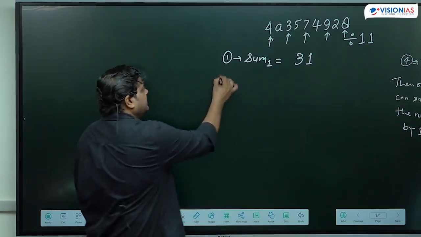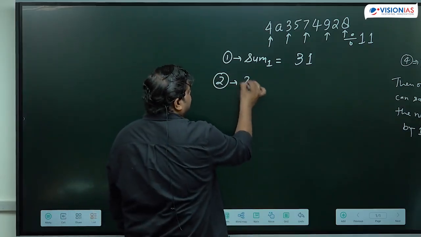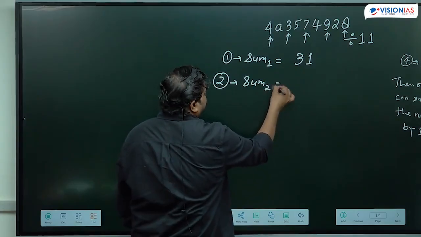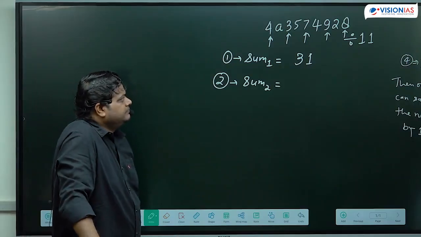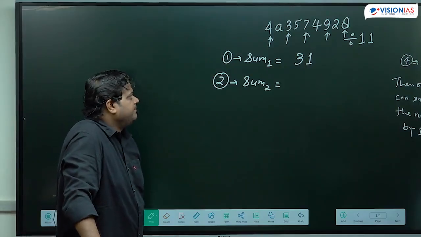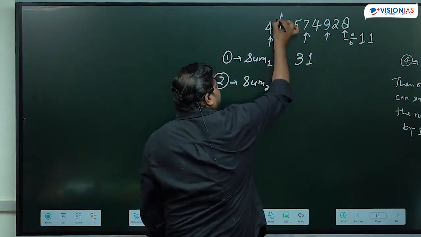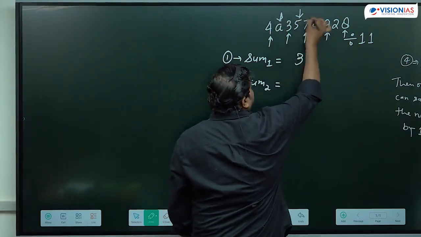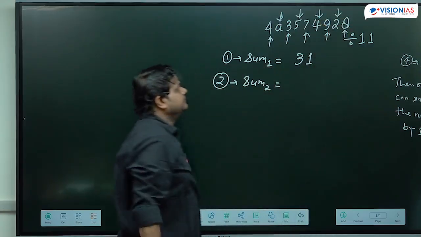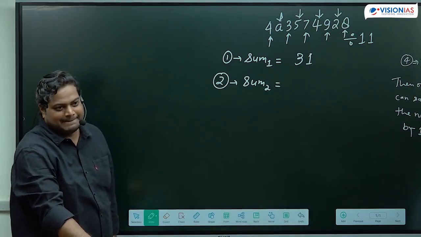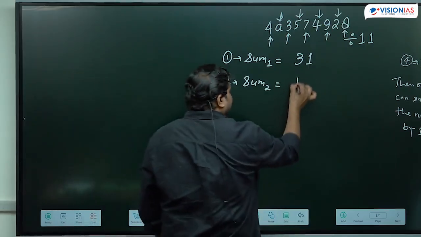Then we can calculate sum 2. So we are having remaining digits A plus 5 plus 4 plus 2. कितना आया? 11 plus A.